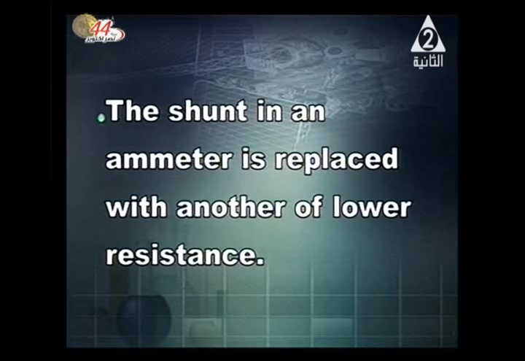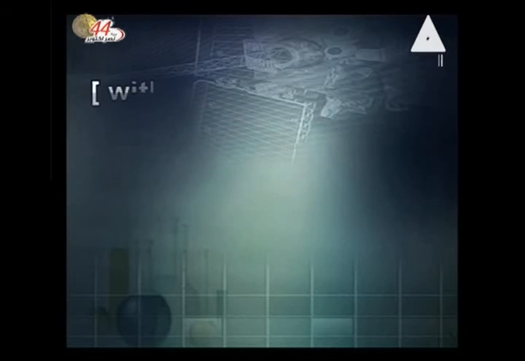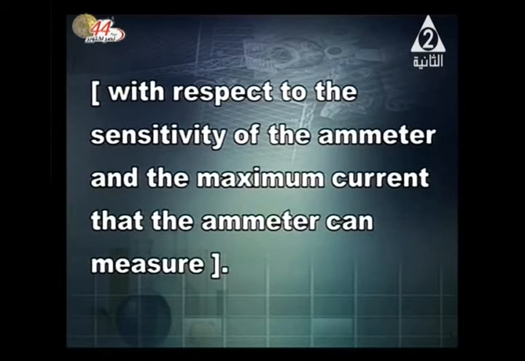So what happens with respect to the sensitivity of the ammeter and with respect to the maximum current that the ammeter can measure, when replacing the shunt with another one having lower resistance?